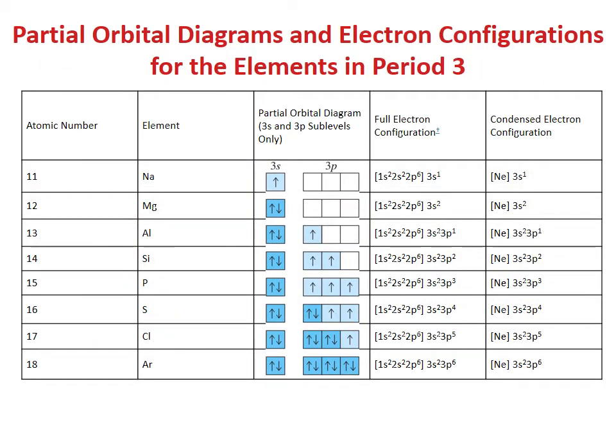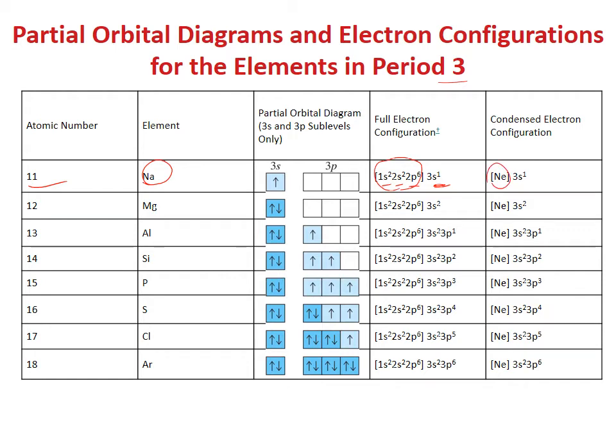Here shows the partial orbital diagrams and the electron configurations for the elements in period 3. Start with sodium, 11 electrons. And the electron configuration is 1s2, 2s2, 2p6, 3s1. So 3s1 is the highest energy level orbital, and these are the inner shell, which has electron configuration of neon.